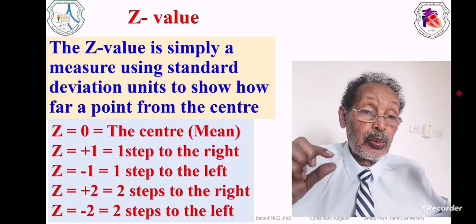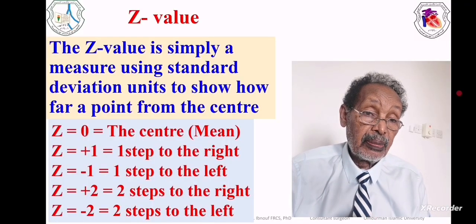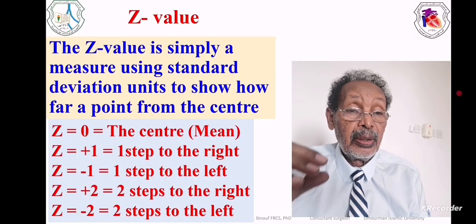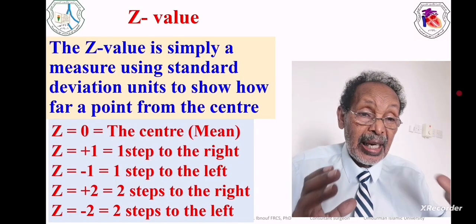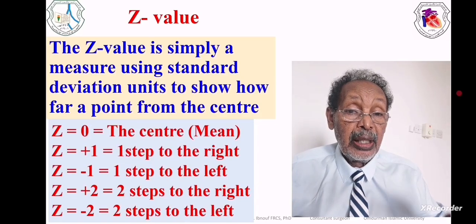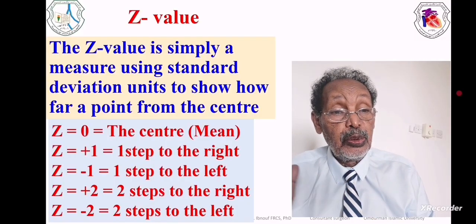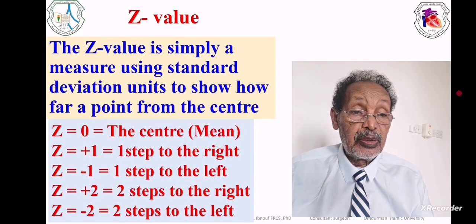If it moves 2 steps to the right, it will be +2 standard units. If it moves 1 unit to the left, it is -1. If it moves 2 units to the left, it is -2.